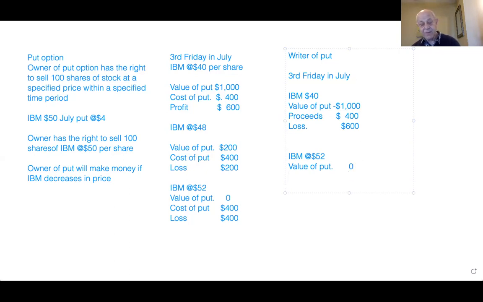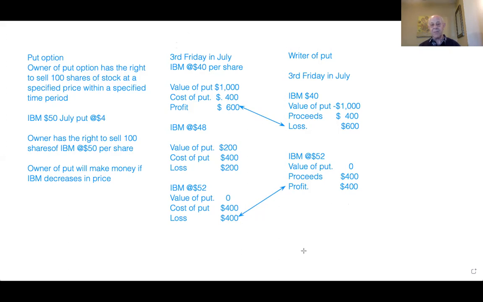Here we have a value of put of 0, the proceeds are 400, and our profit is 400. And once again, you can see that there's symmetry between the buyer and the seller. Here, the profit and the loss were 400. Here, the loss and the profit was 600. So when we're dealing with derivatives, there's always a zero-sum game.